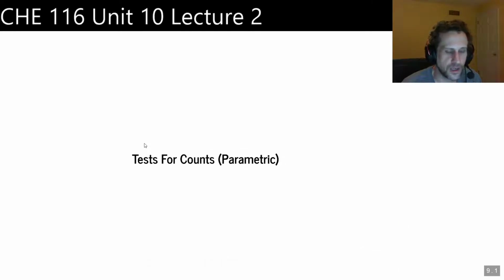Okay, so I just have a little extra piece that we didn't cover in the previous lecture, and that's on discrete parametric hypothesis tests. So we saw the normal and the student t-test.